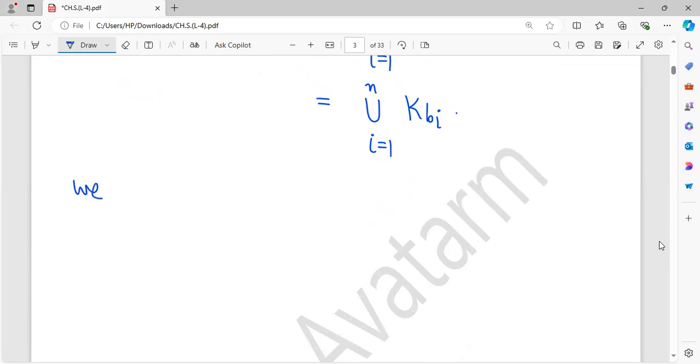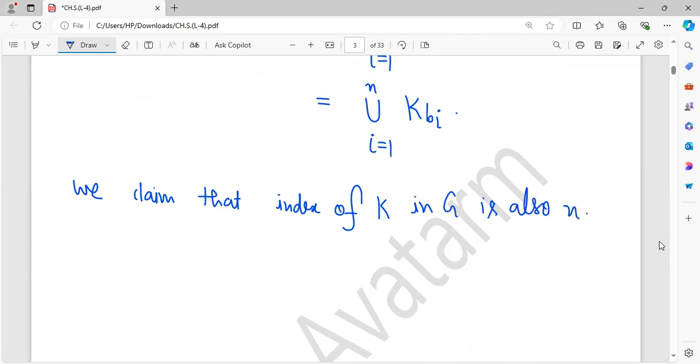We claim that the index of K in G is also n.